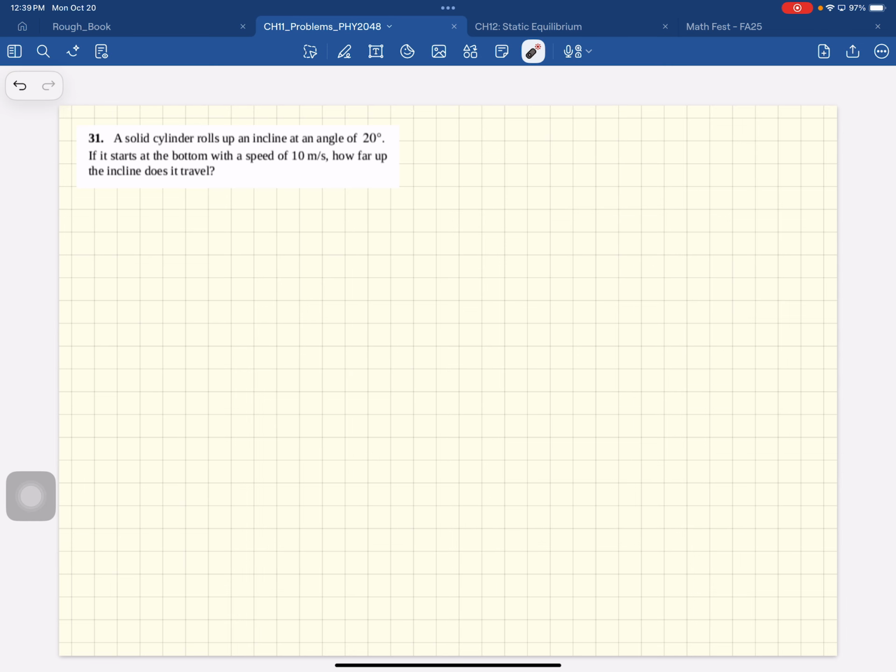All right, this problem says a solid cylinder rolls up an incline at an angle of 20 degrees. If it starts at the bottom with a speed of 10 meters per second, how far up the incline does it travel?